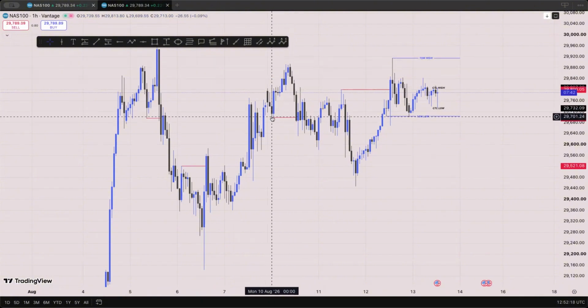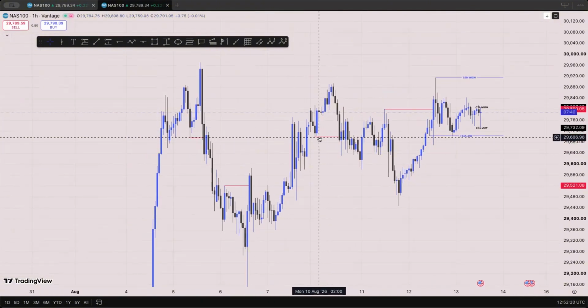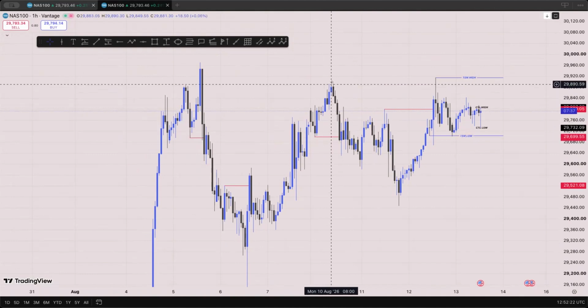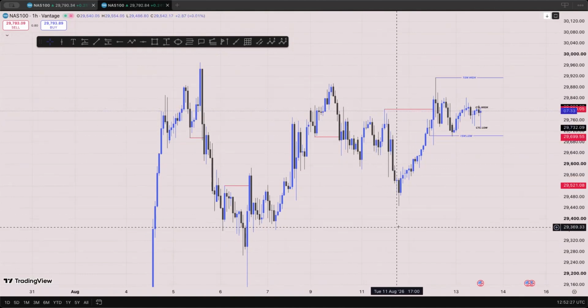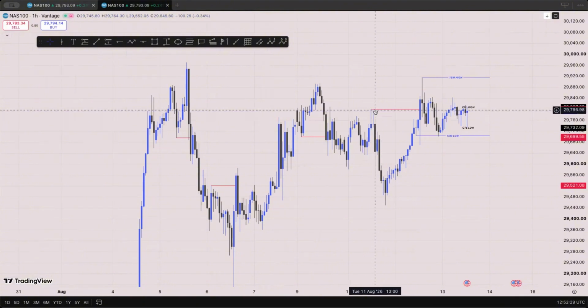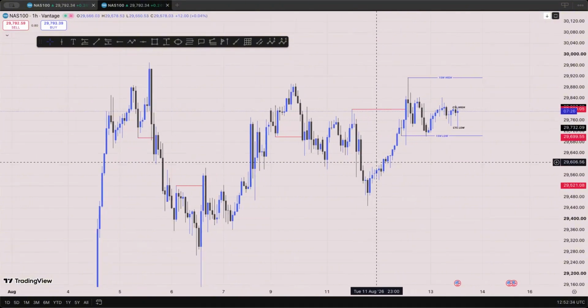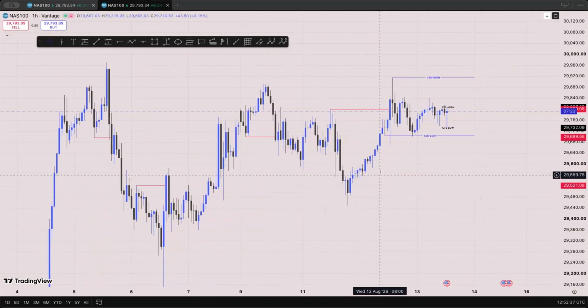And this higher low also got invalidated. So when it got invalidated, we created lower lows, lower highs, lower lows, lower highs, lower lows. And now this lower high has also been invalidated. So that's the current leg we have right now that makes price bullish.